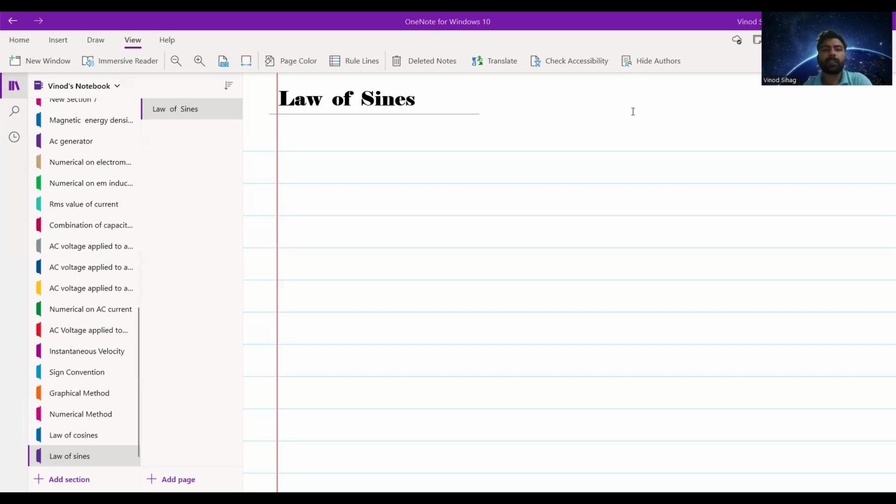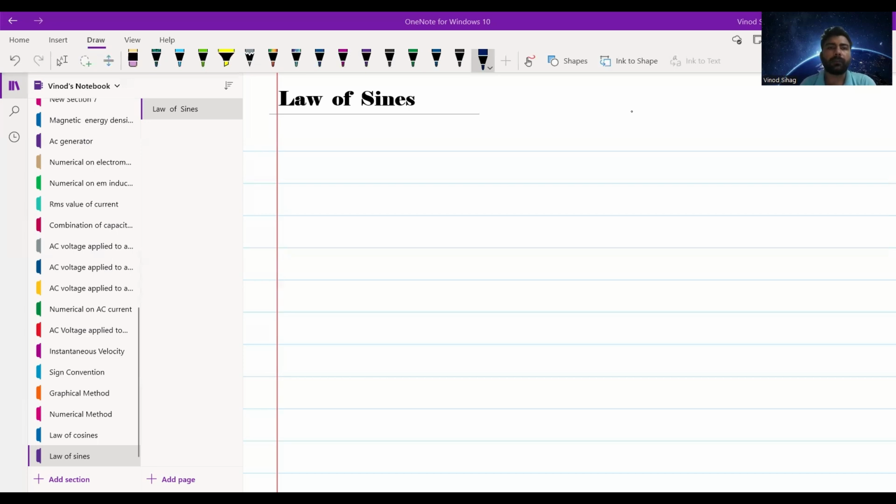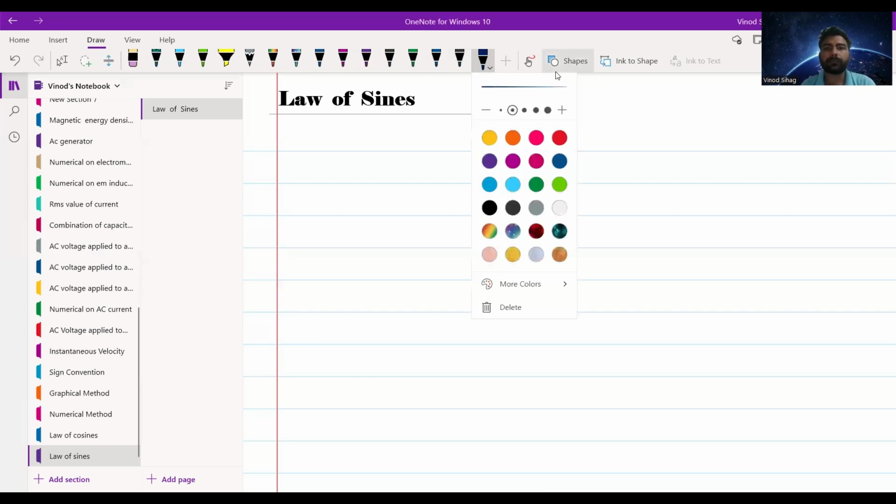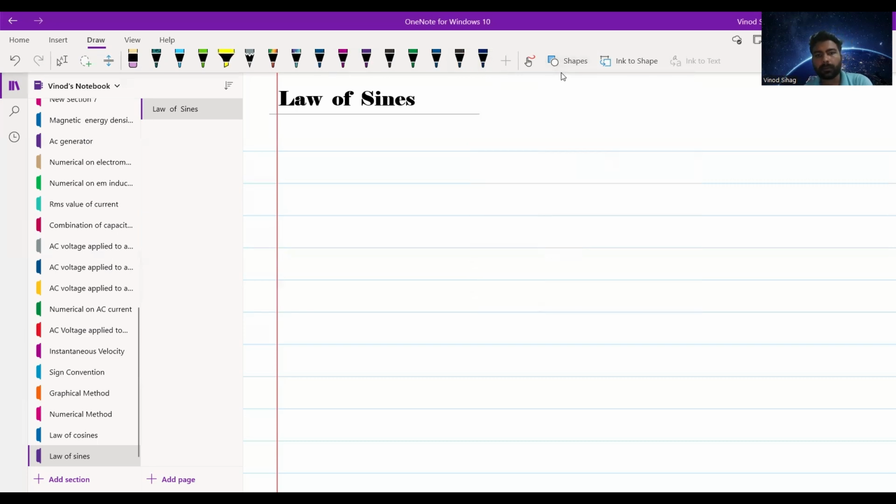So let's draw that. Let's say there are two vectors, a vector and b vector, and they have an angle theta between them. So let's draw them. Let's say there is one vector a, and the other vector is the vector b.